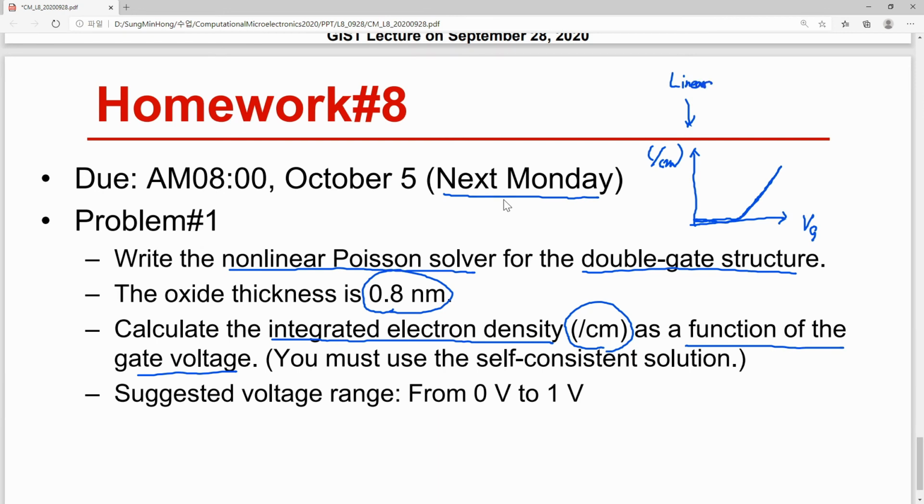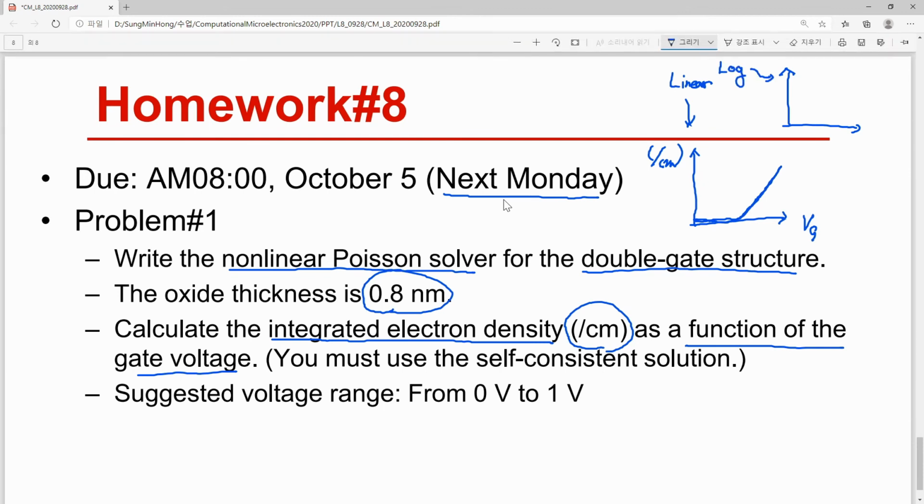And please provide a second graph where the y-axis is in logarithmic scale too. So this is a semi-log graph and this is a linear graph. The suggested voltage range is the same as before, from 0 to 1 volt.